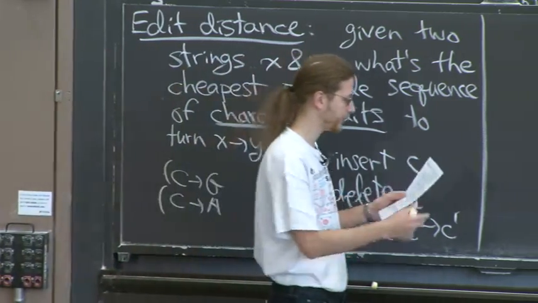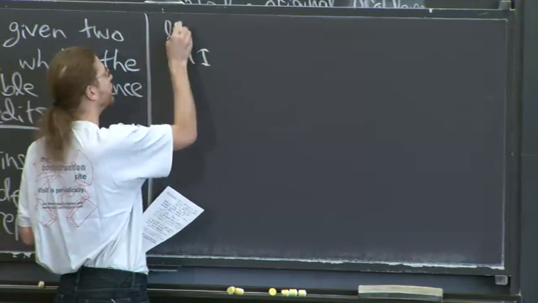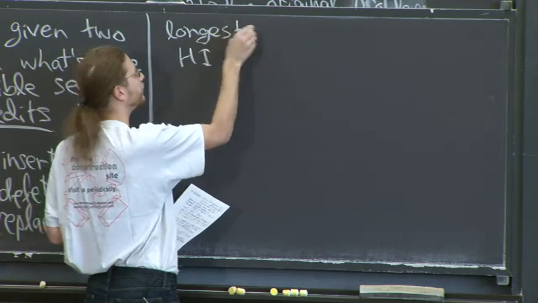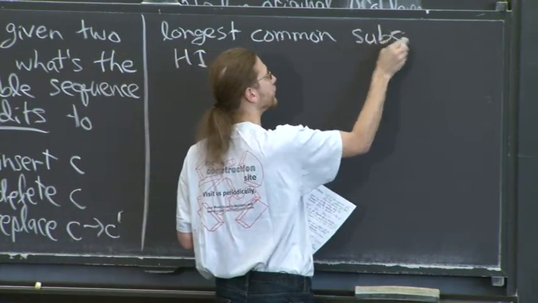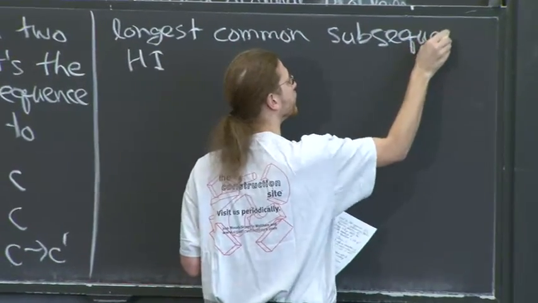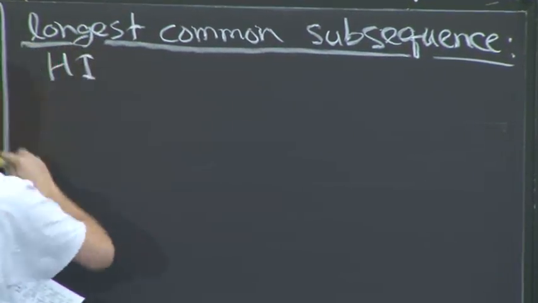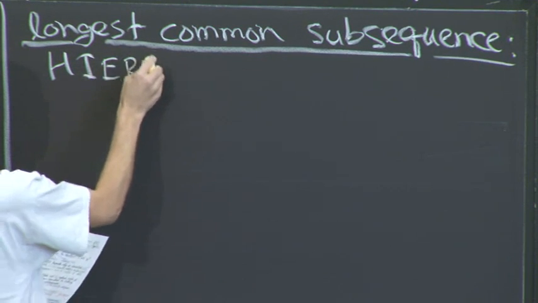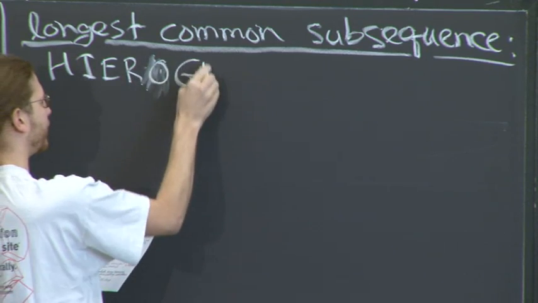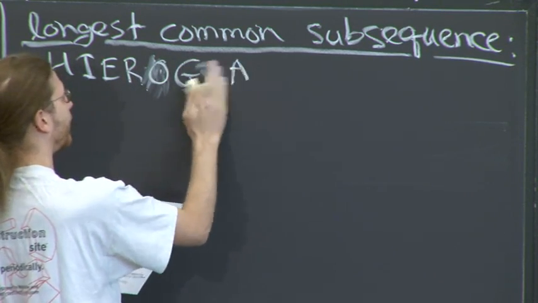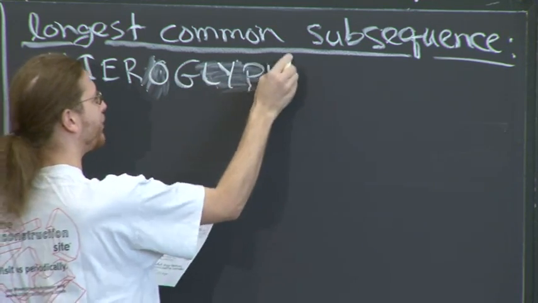Another problem encompassed by edit distance is the longest common subsequence problem. And I have a fun example, which I spent some hours way back when coming up with. I can't spell it, though. It's such a weird word.